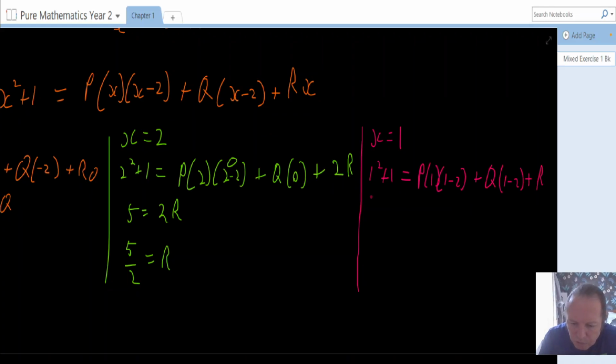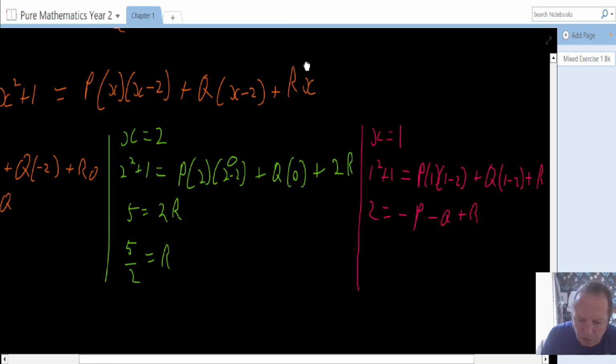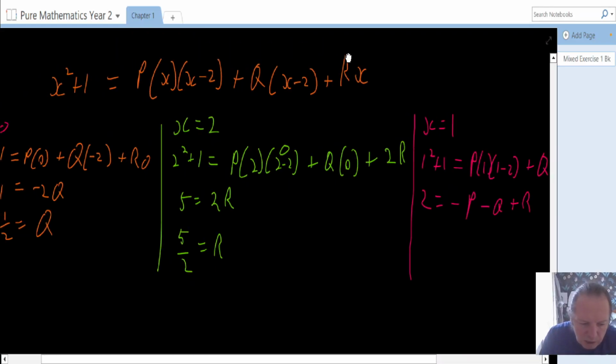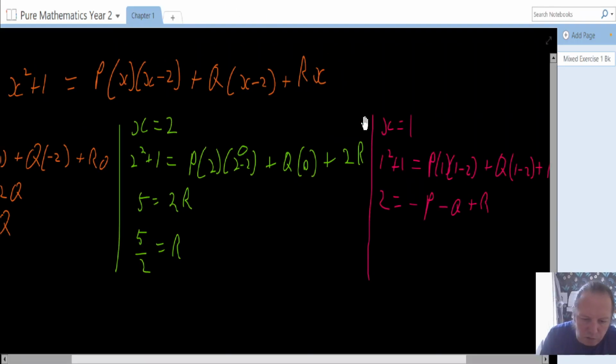Right, so 1 squared plus 1 equals p times (1 minus 2) plus q times 1 times (1 minus 2) plus r. Okay, so this is 2 is equal to, what's that? That's minus 1 minus p. That's also minus q plus r. We know the values of q and r. Q is a half, so we can put that in.